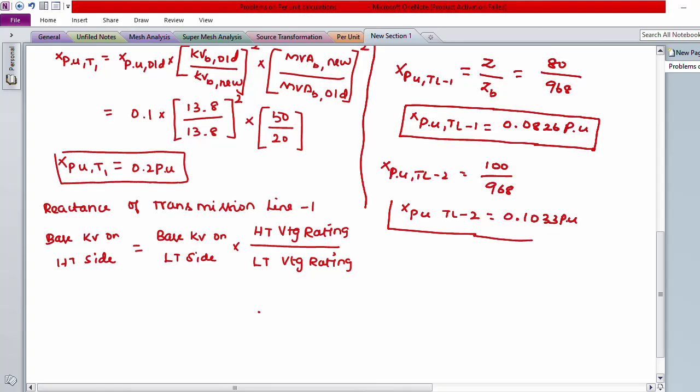Similarly, we have to go for the voltage conversion, because for transformer 2 we have to calculate the reactance, and for generator 2 we have to calculate the reactance. For transformer 2, either you can consider the high voltage side base voltage, or you can go for the base conversion.